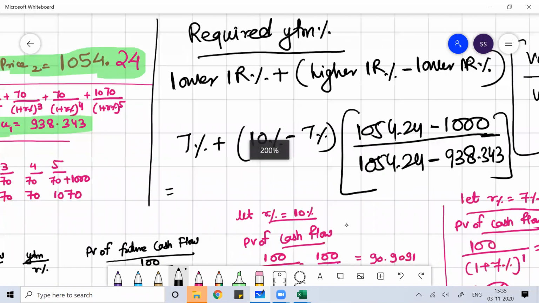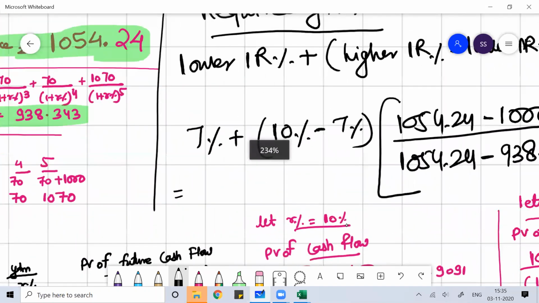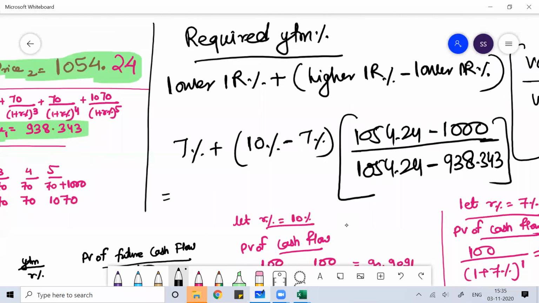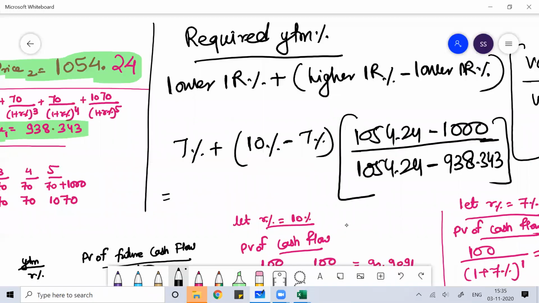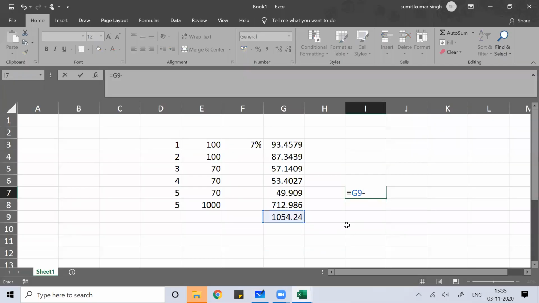So if you solve this, you will get the answer. 1054 minus 1000, minus 938.343.